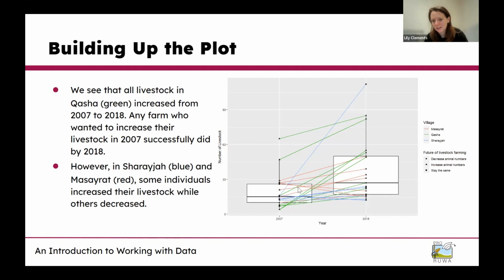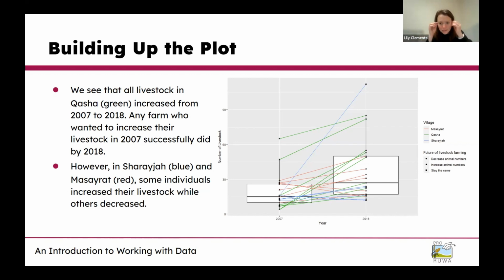We see that this red line here goes down, and that ends up as someone who says that they actually want to increase their animal numbers. Now, is it that they initially wanted to decrease? Is it that at some point in this interim, in this 10-year period, they did want to decrease? Or is it that something happened that forced them to decrease? Is that why they want to increase, but they can't? In Keisha, every person has increased.